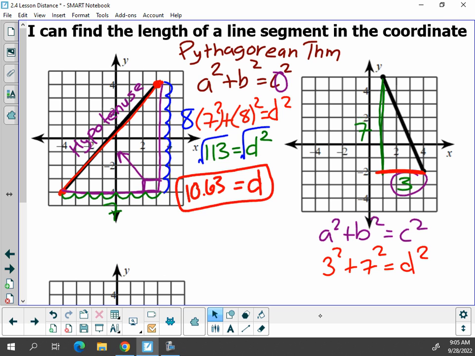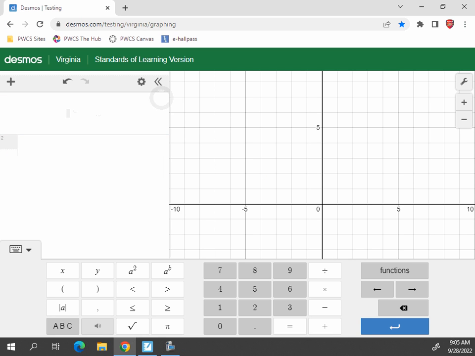And then I can go ahead and I can use my calculator, 3 squared plus 7 squared. Use the tool if you have it. And get 58, and then I need to square root that to get 7.6, and that 5 after the 1 is going to tell me to round the 1 to a 2, so 7.62.